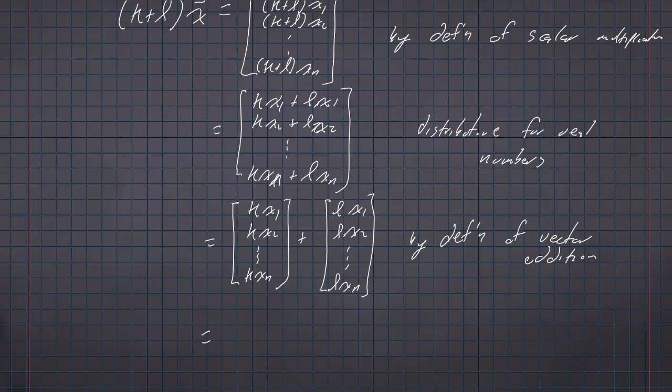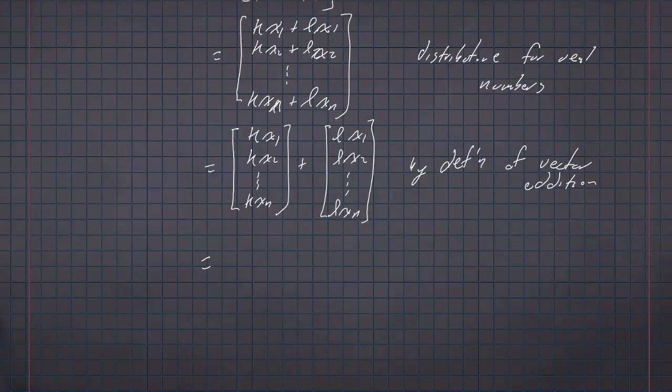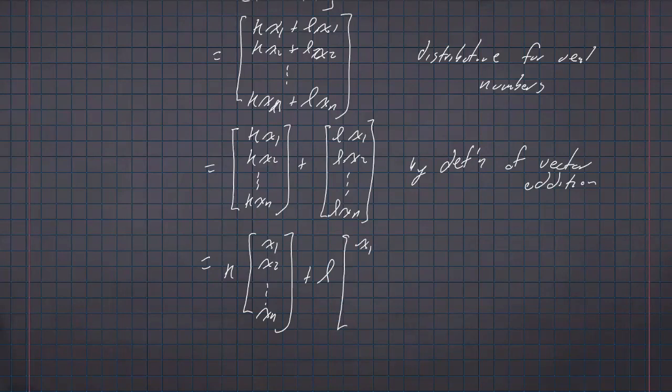And then finally, I notice in each of these individual vectors, they are a scalar product: k times x1, x2 down to xn, and l times x1, x2 down to xn.